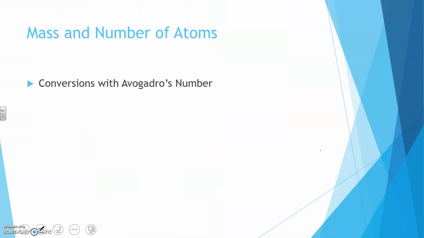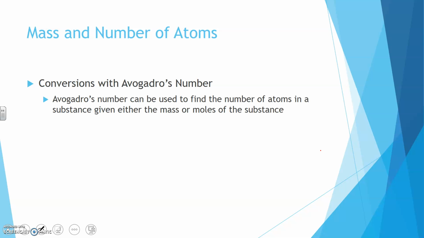So, you can also do conversions with Avogadro's number. This is where it gets super fun, and you really do have to know how to use the exponential functions on your calculator. So if you need a refresher on that, please ask me, because these are so much easier if you know how to use that properly. So Avogadro's number can be used to find the number of atoms in a substance given either the mass or the moles of the substance.